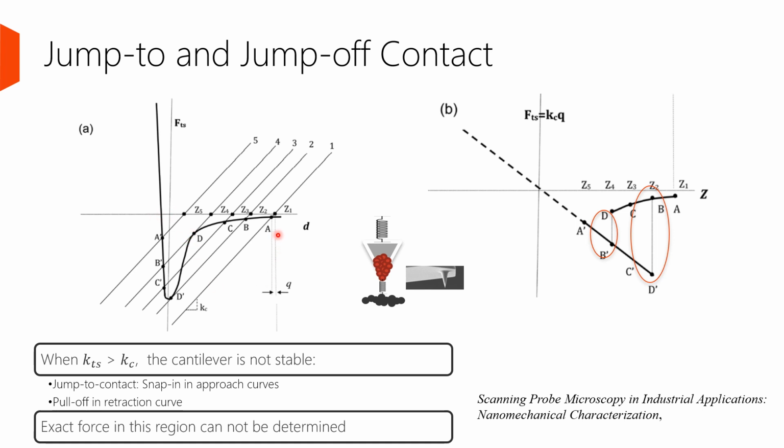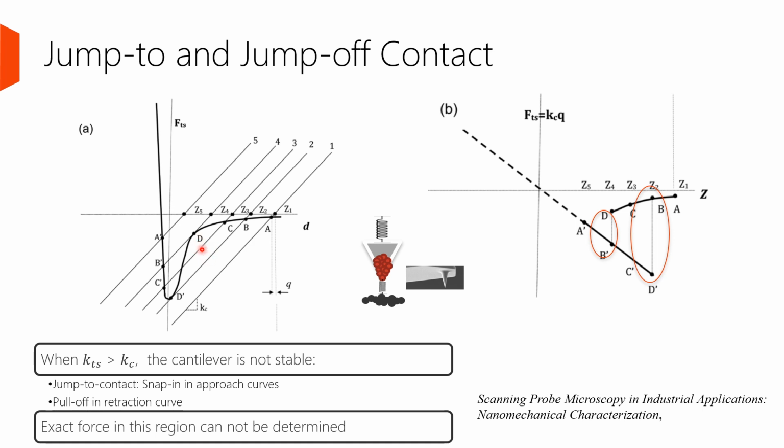From position A to position D, it's basically in equilibrium. As the distance decreases, the force gradient is actually increasing gradually, so it's still in balance. And after position D, the force gradient increases dramatically, almost suddenly.